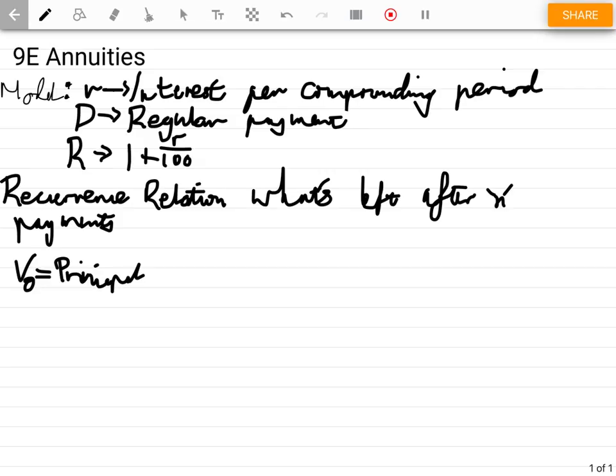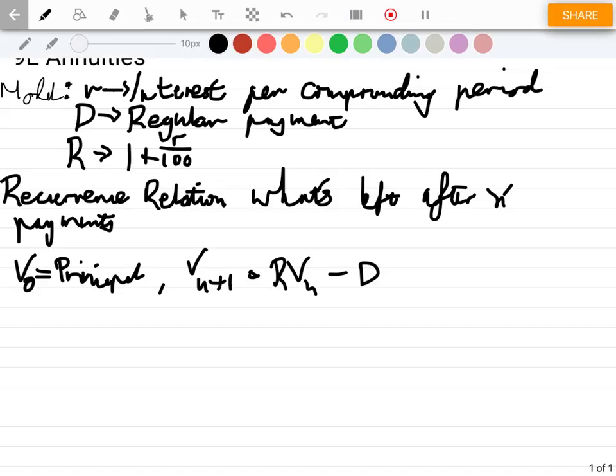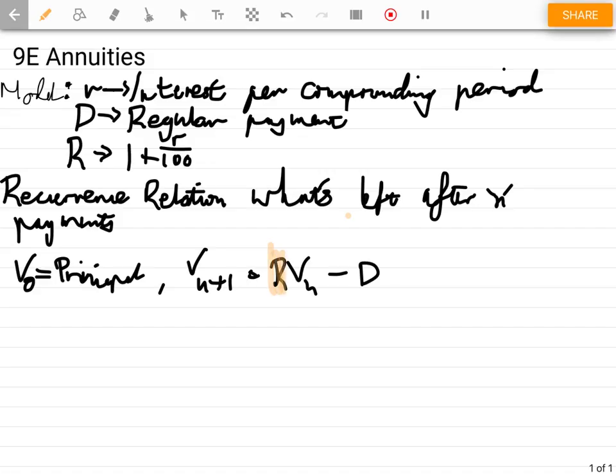Vn+1 is equal to R times Vn minus D. As you can see, we've got the rate that you're getting for interest, how much you invested in the first place, and then this is your regular repayment, so you're taking something out which will be in excess of what interest you get. Let's put that into practice now.